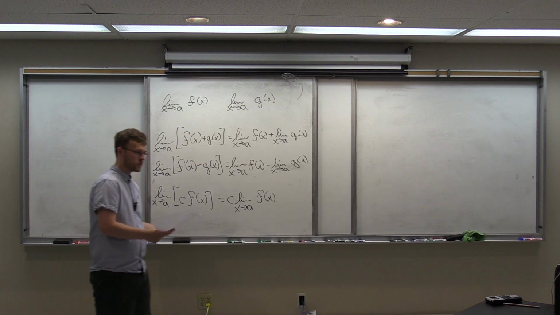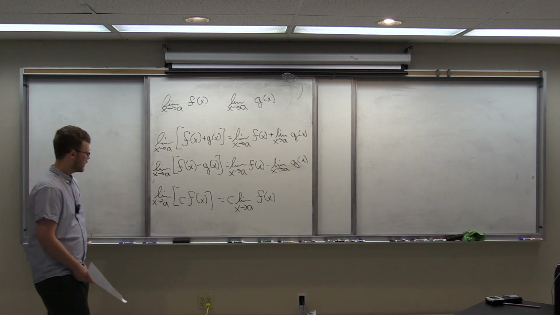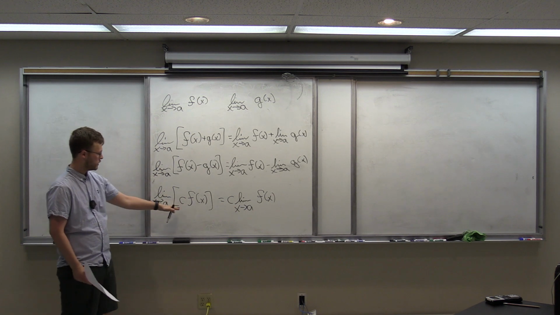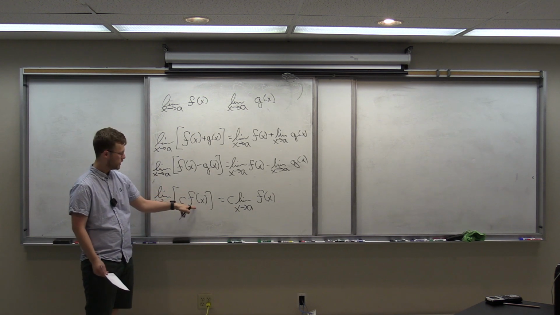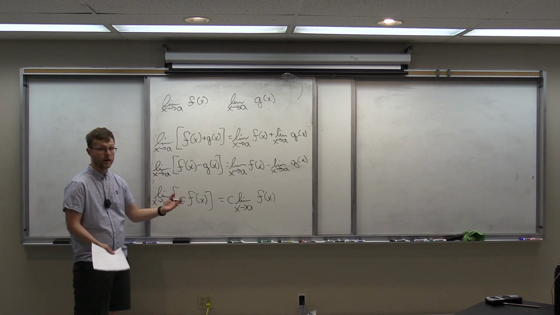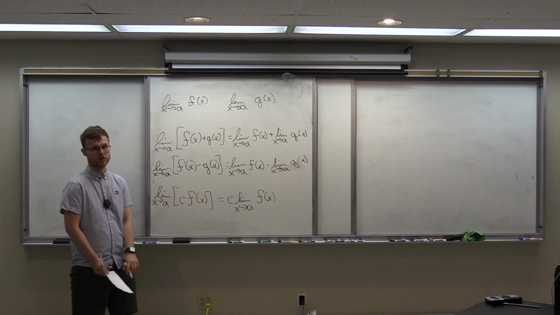This third one is talking about scalar multiples. Now that word scalar multiple, it's a real number. So if c is any real number, and don't just think of these in abstract terms, you can actually think about these with functions. So if f of x is, say, cos x, and c is 12, I'm not looking at the function cos x, I'm looking at the function 12 times cos x.